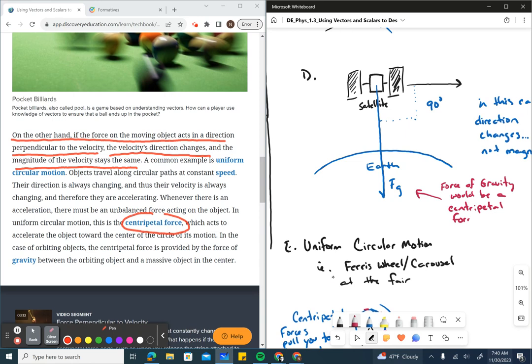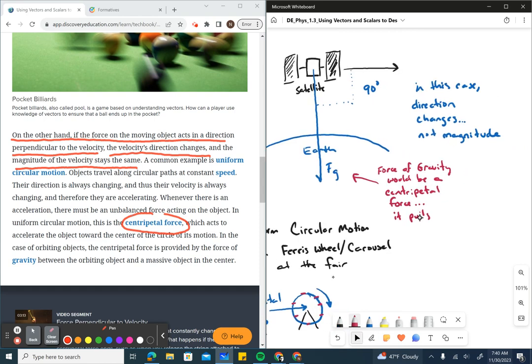It pulls the satellite to the center of Earth's mass, right? And so as that satellite goes around and around and around, it'll be constantly pulled to the center, okay?